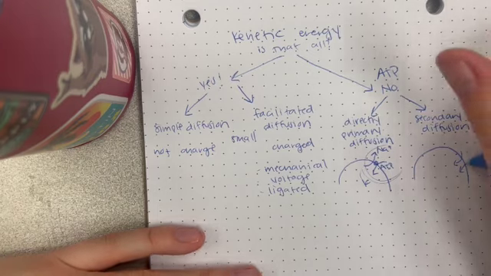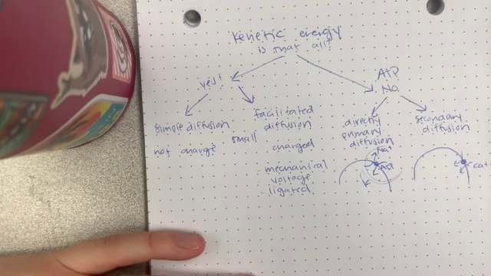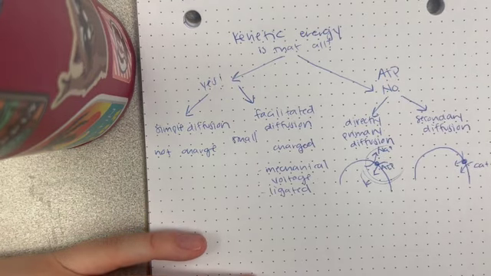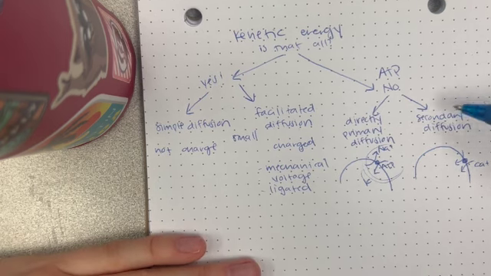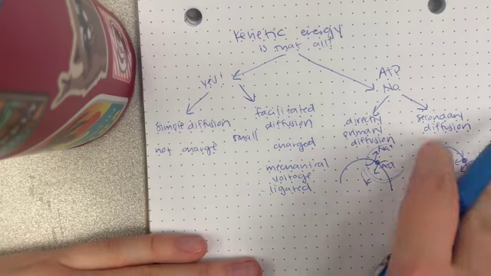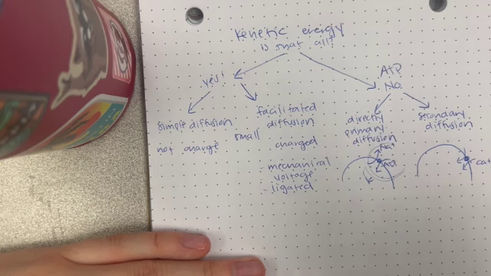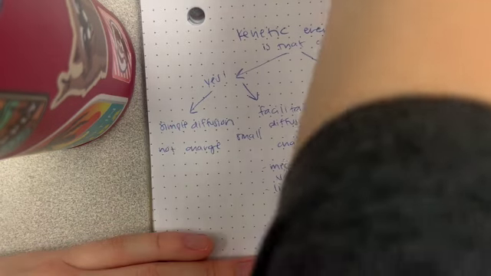So the ATP isn't exactly working with this pump, but it is still using the ATP and that energy. So that would be classified as secondary diffusion. So those are the four different types of diffusion that move things across the cell layer.